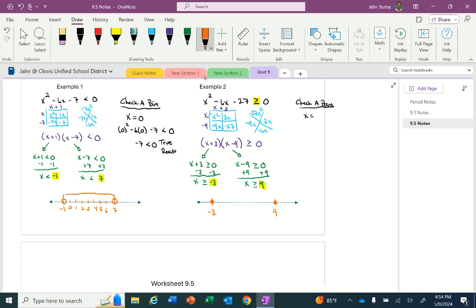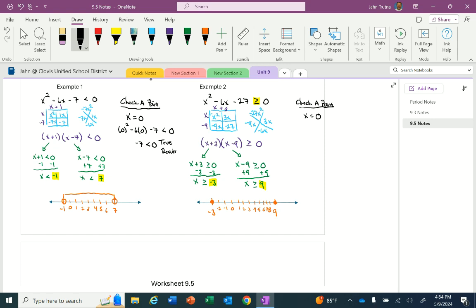Now, once again, I have a lot of choices, negative 2, negative 1, 0, 1, 2, 3, 4, 5, 6, 7, 8. I could pick any of those numbers. I bet you know which number I'm going to pick. I'm going to pick 0. 0 often is the easiest number.